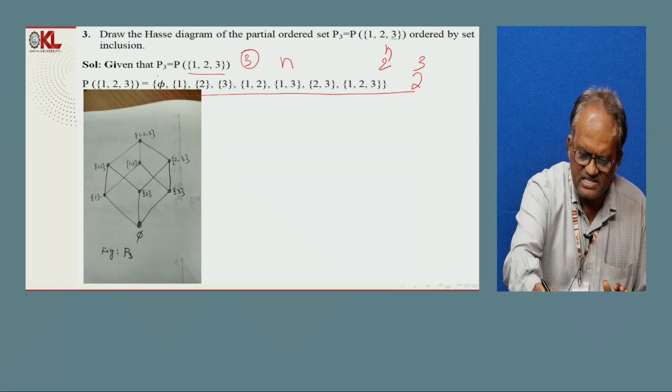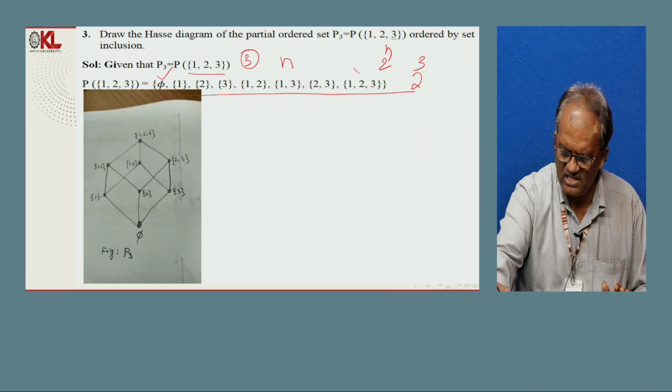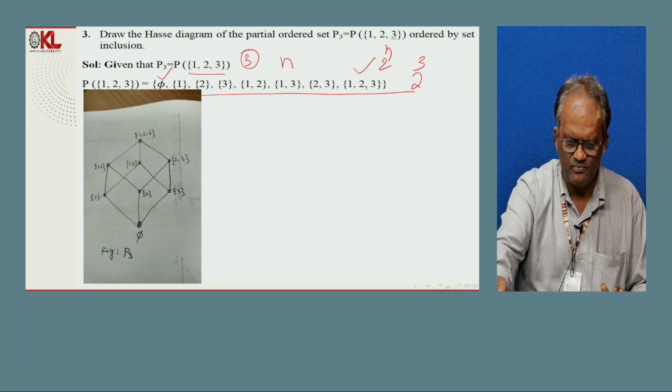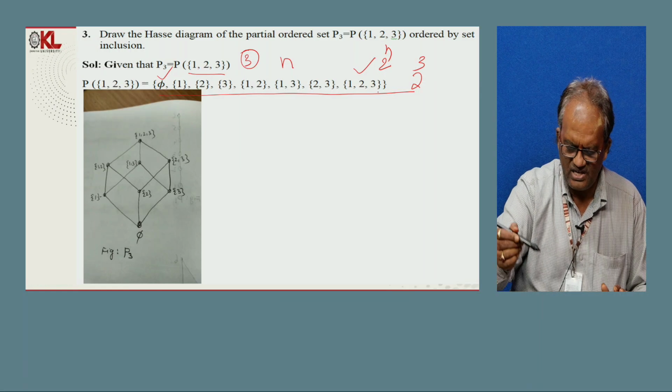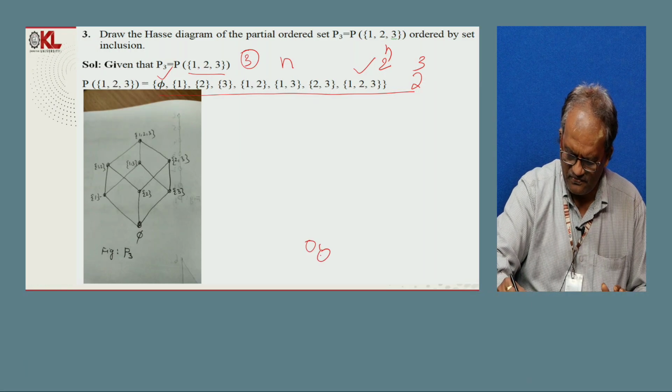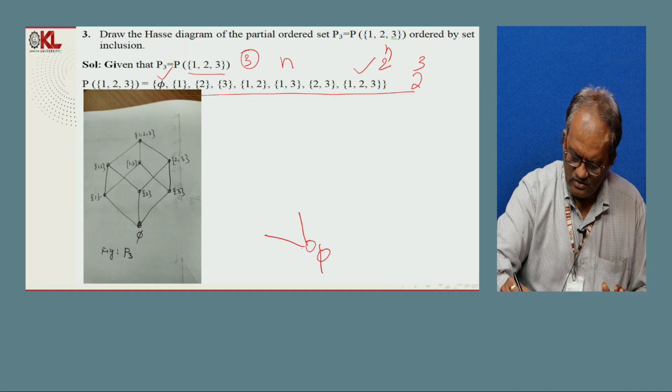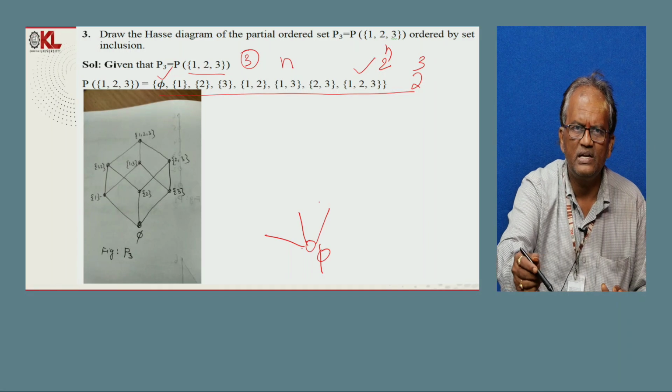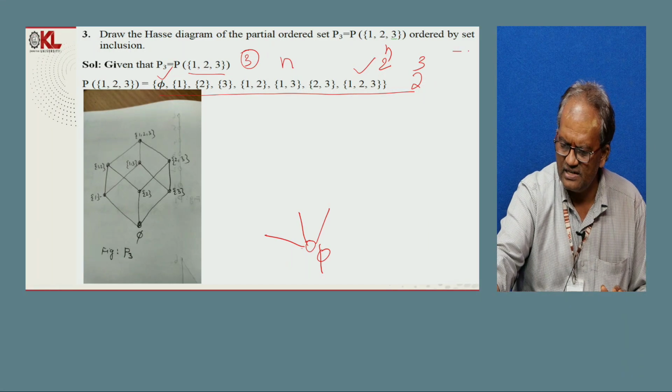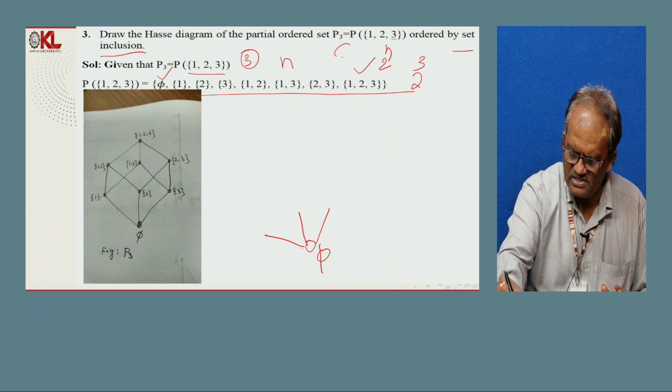Now what is the least element here? The empty set. What is the greatest element here? X itself, that is {1, 2, 3}. So draw it, starting with the empty set. What does the set inclusion mean? Set inclusion means subset.